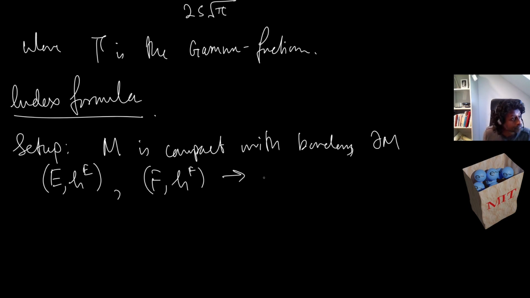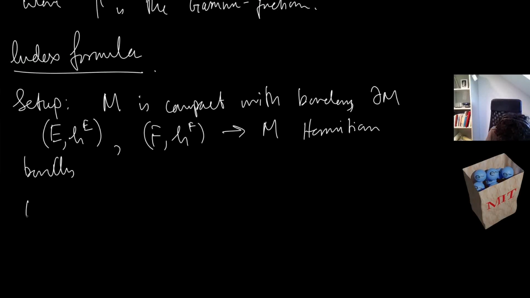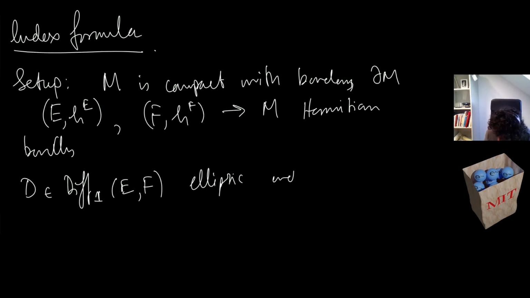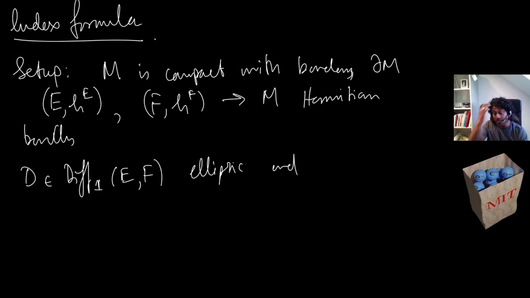These are Hermitian bundles. And we have D being an elliptic differential operator of order 1. And we have to further suppose some things, right? We need this manifold to apply the theory that we already have. We want it to be product at the boundary.